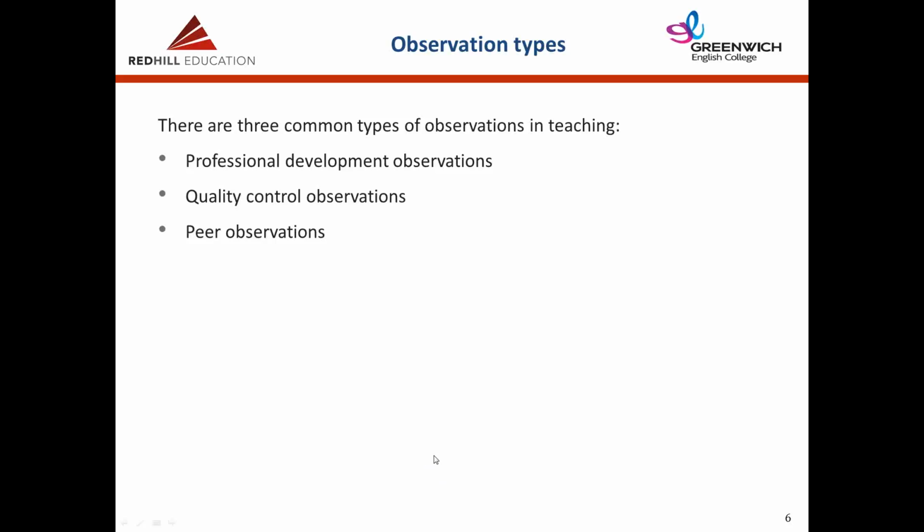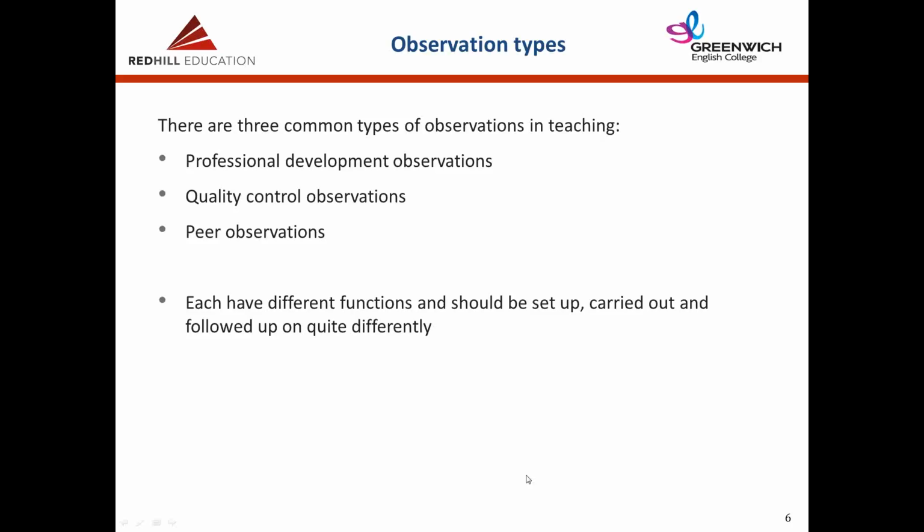Now, it's really important to remember that each of these different kinds of observations have different functions. They achieve different things. They need to be set up in different ways, and they would be carried out and followed up on really quite differently.